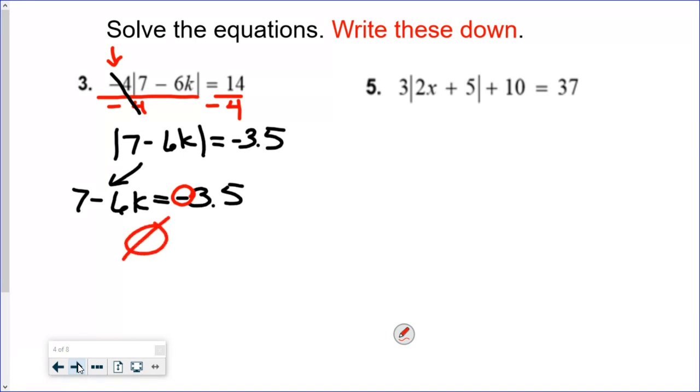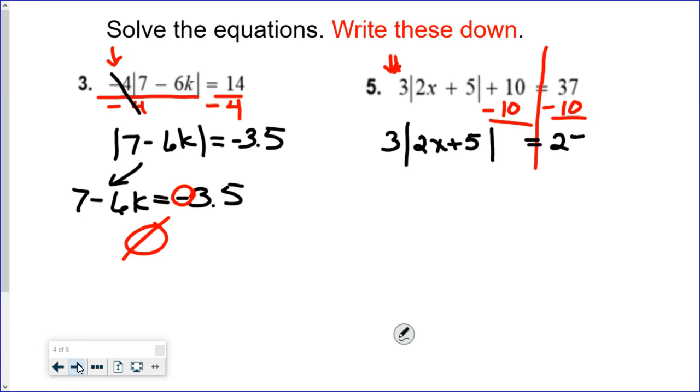Now, number 5. Again, do not distribute that 3. We're going to have to divide by it, but think of this as 3 times this whole thing. So first thing I'm going to do is minus 10. And I get 3 times the absolute value of 2x plus 5 equals 27.